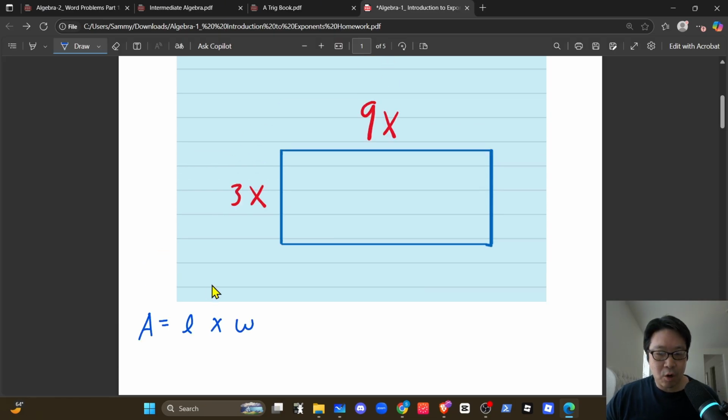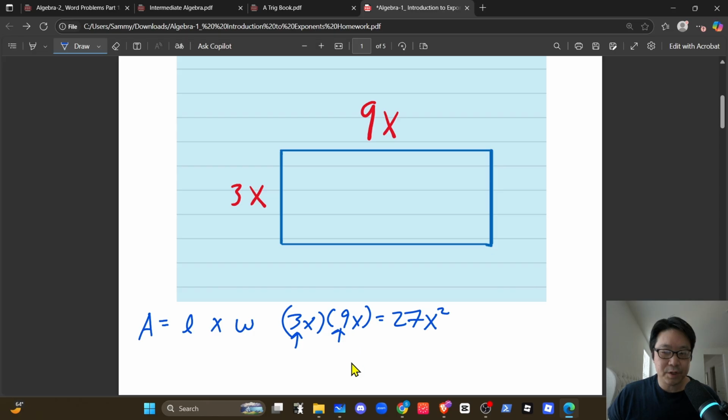So in this case, all you have to do is multiply 3x by 9x to get your answer. All right, so 3x times 9x is going to be 27x squared. You multiply your coefficients and you multiply your variables. Since there's two x's, you have an exponent of 2.